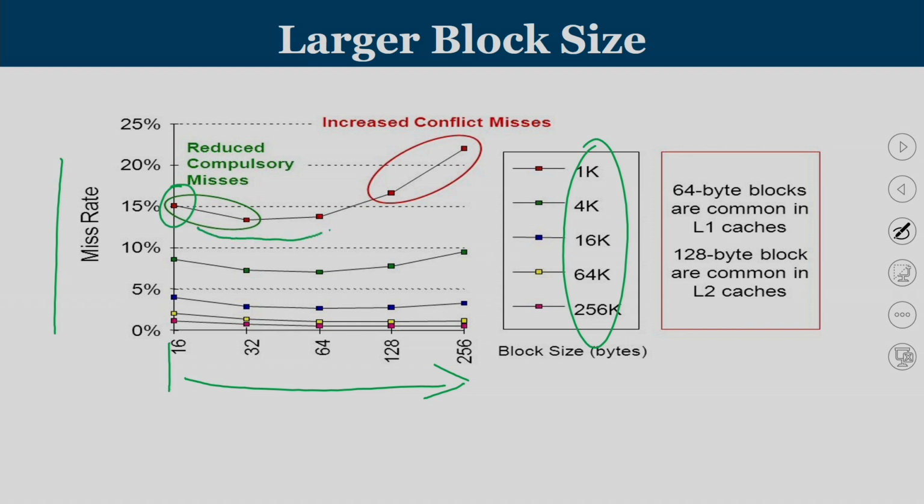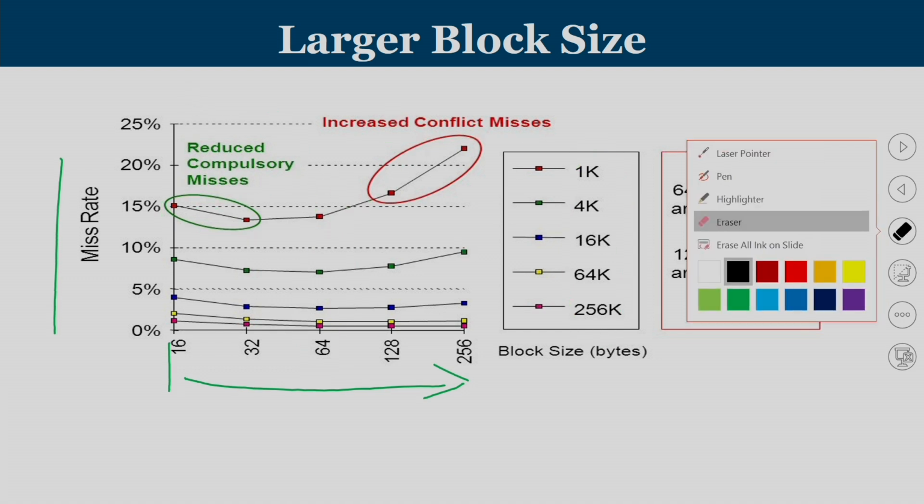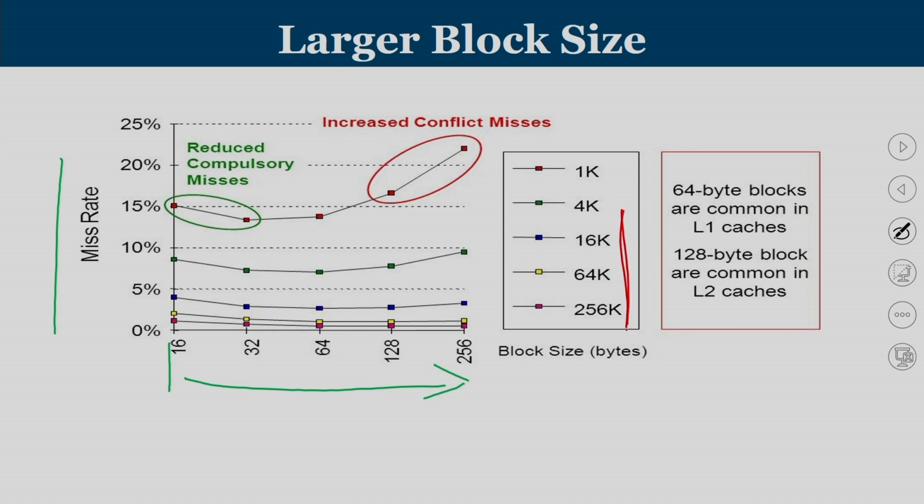You can see that there is a downward trend and then it goes high. So, this is an area where you are able to reduce the compulsory miss, but beyond a point, you are going to have an increased conflict miss. The conflict miss is going to be the more predominant one. Now, how can you address the remaining portion? When you have larger cache memory sizes, essentially you cannot see much of a change.